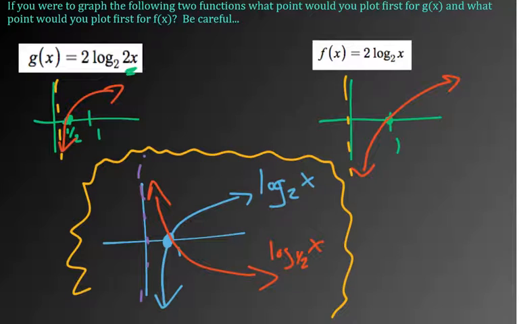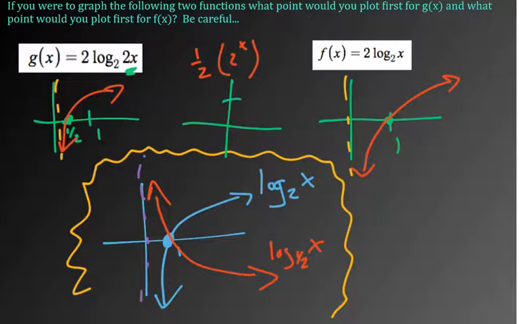If you have like 1/2 times 2 to the x or something like that, the way you would plot this kind of graph really quick would be, normally it'd be going through 0, 1, right?